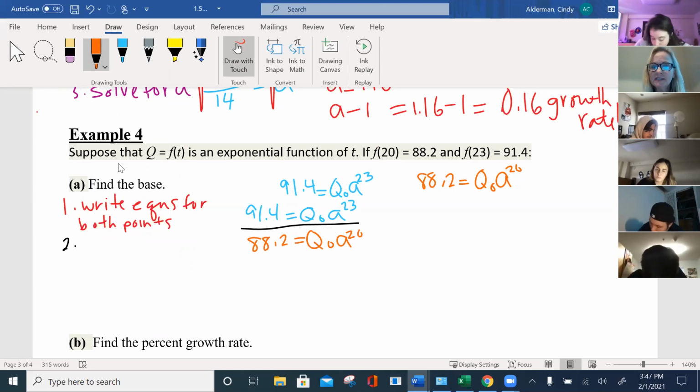The reason we're doing this is so that we can eliminate Q sub 0, because they're both the same initial value, since they're both on the exponential graph.